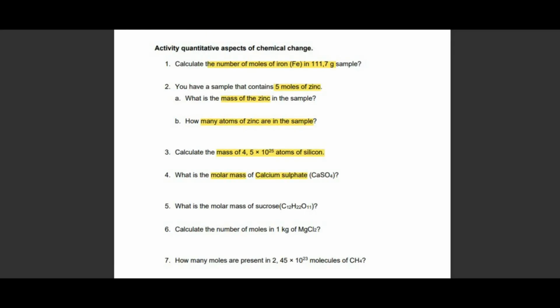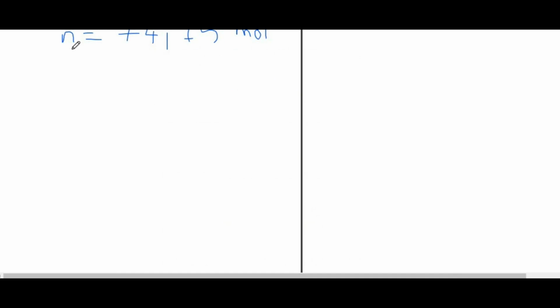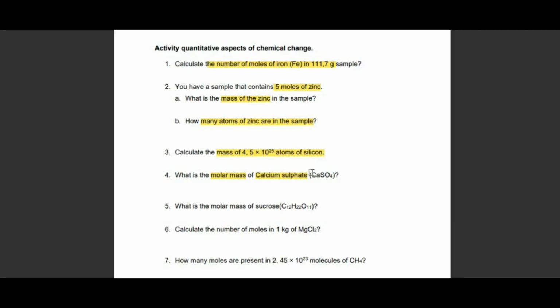So you say, okay, question 4, it's fine. First of all, you have to know the molar mass of the elements that constitute the compound. So you see, you have calcium, you have sulfur, you have oxygen, right?